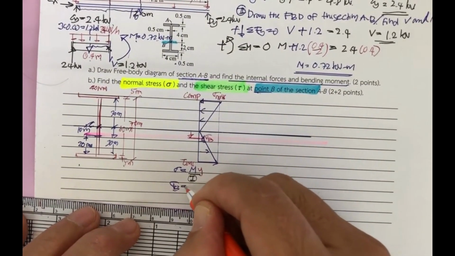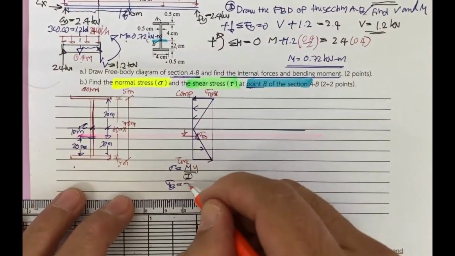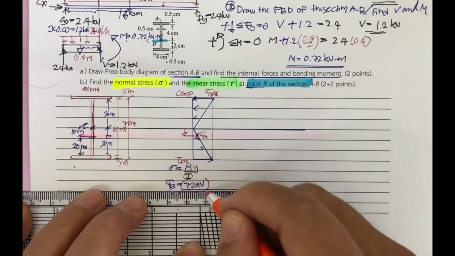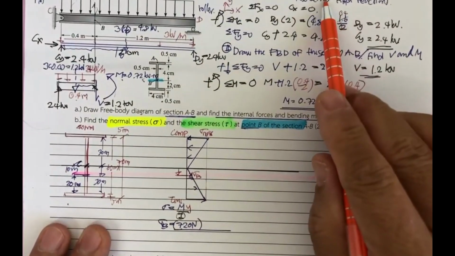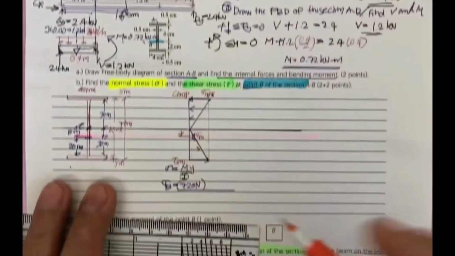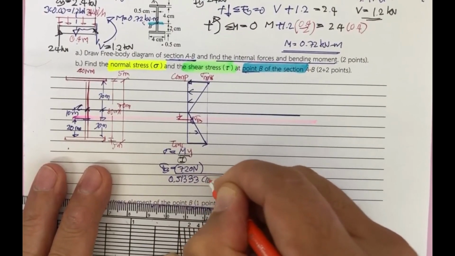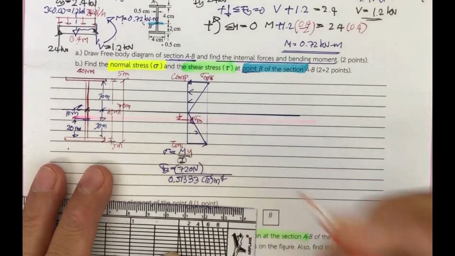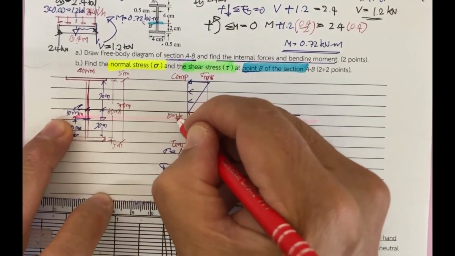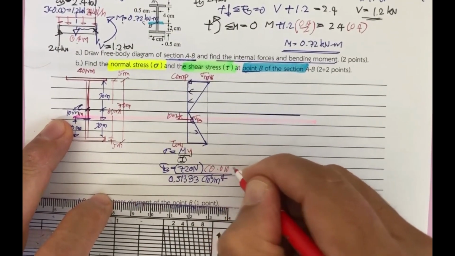Sigma sub B is equal to the moment around here, 720 Newton meter, divided by the I. The I we already computed is 0.51333 times 10 to the minus 6 meter to the fourth. And this is 10 millimeter, so it's 0.010 meter in meters.